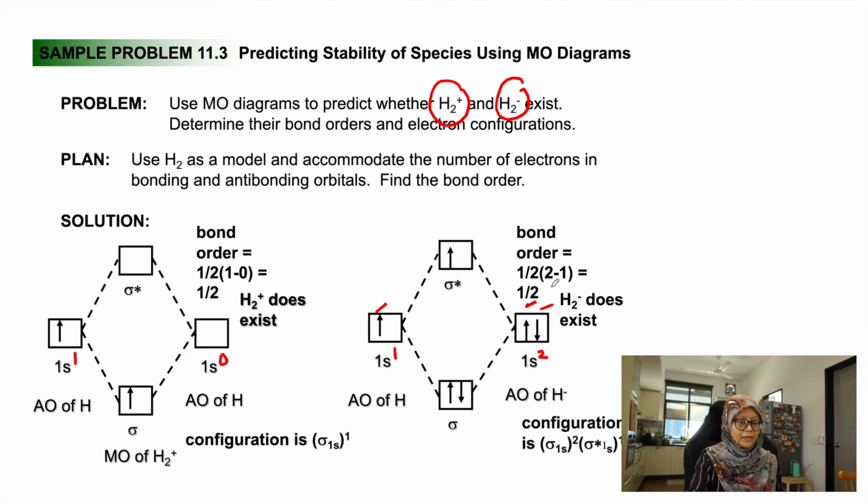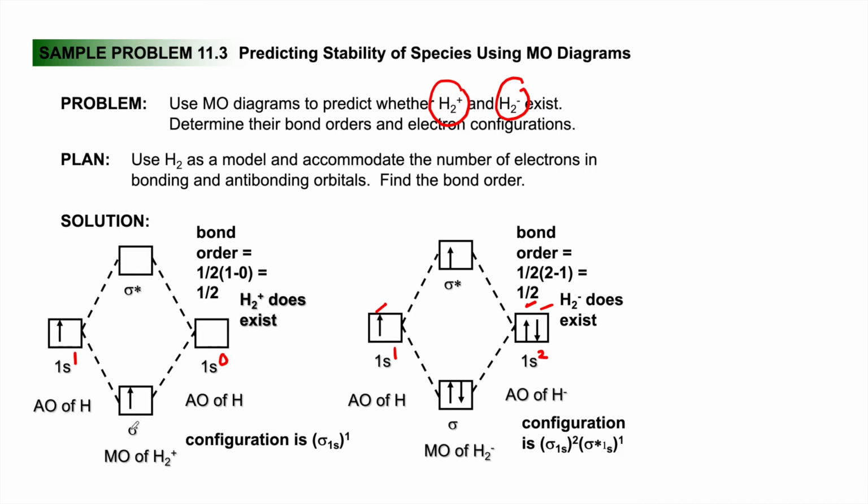What about the electron configuration? We start from the bottom to the top, and here you refer to the molecular orbitals. For H2 plus, we start with sigma 1s 1, and then sigma star 1s 0.